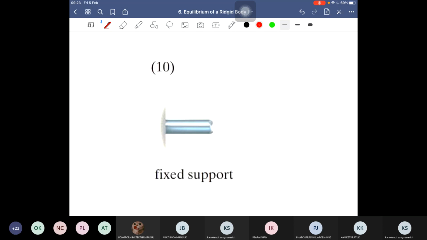The last support is the fixed support. This type of support fixes itself to the place, so it can prevent both translation and rotation.